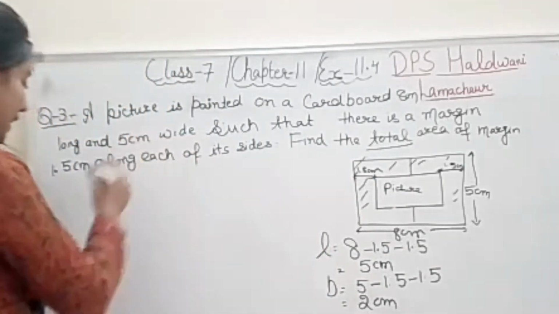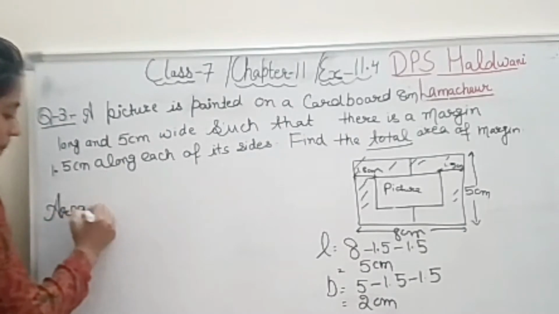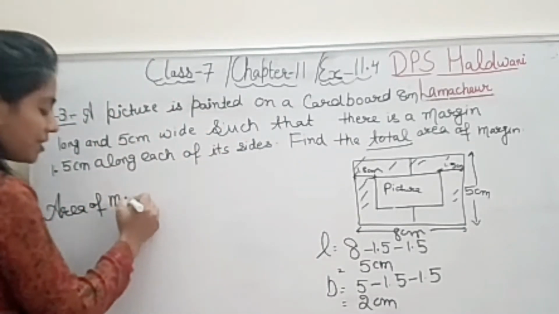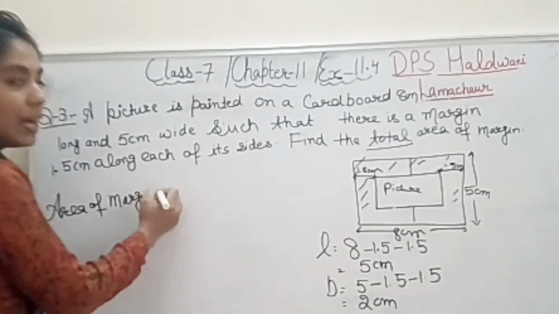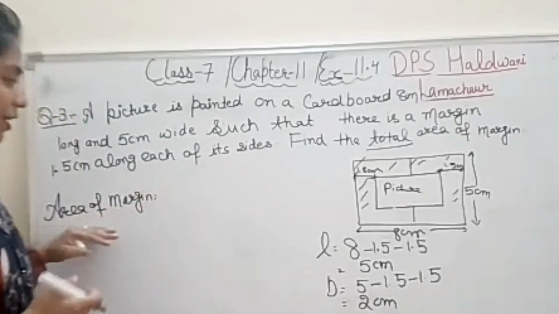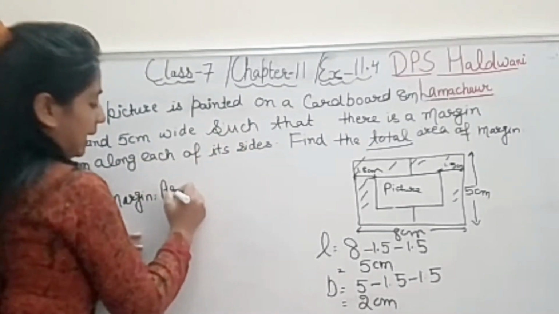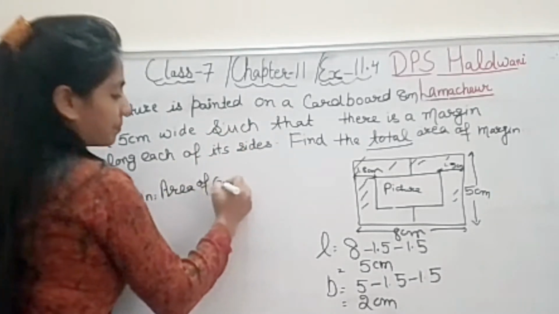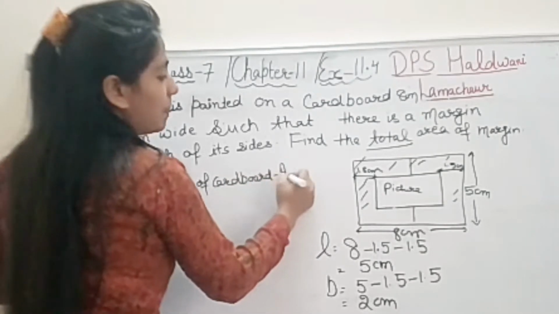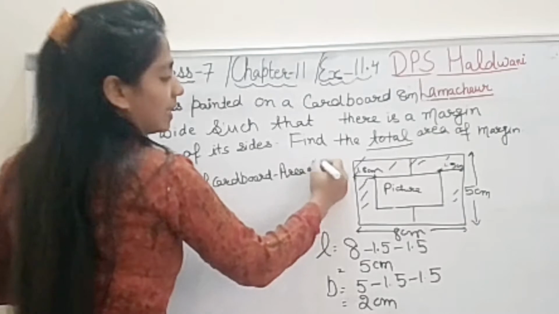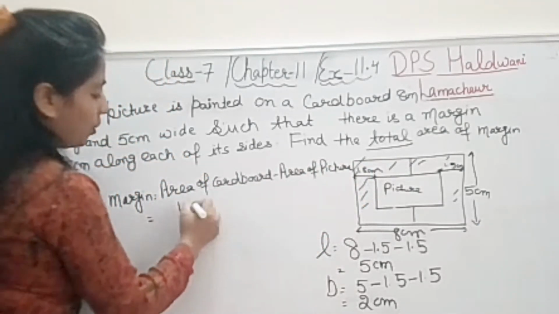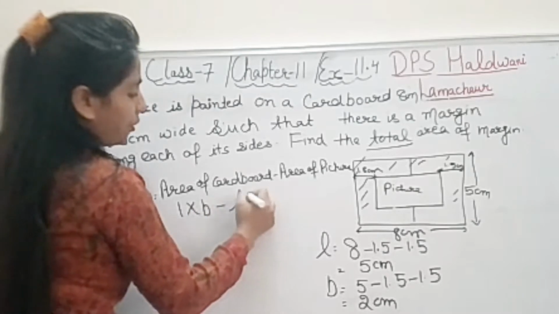Now the area of the remaining part, you can say the area of the margin, because here the word margin is used. So the same you will write. Area of margin is the area of cardboard minus area of picture. I hope you got it, students. Same: area of cardboard is length into breadth, minus length into breadth.